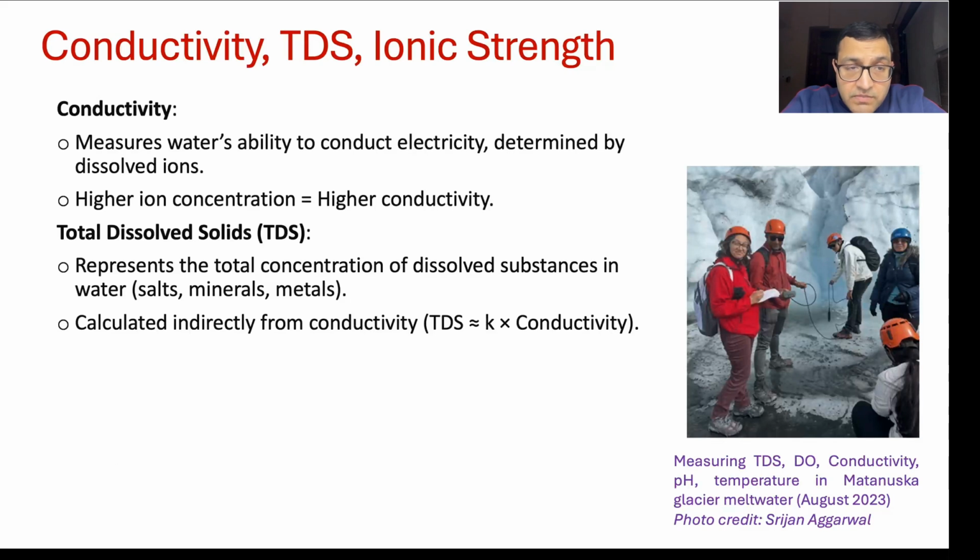So there is some sort of a relationship between conductivity and TDS, although it's not completely proportional because of the reasons I just mentioned, but there's a rough relationship that's defined in the literature.